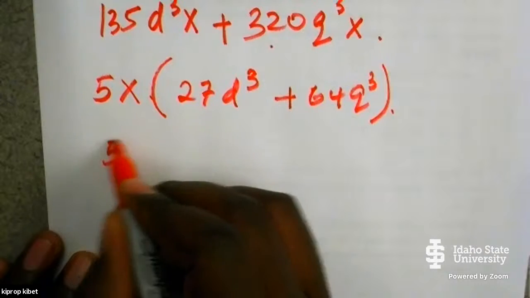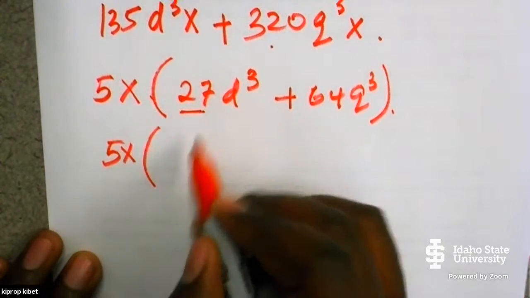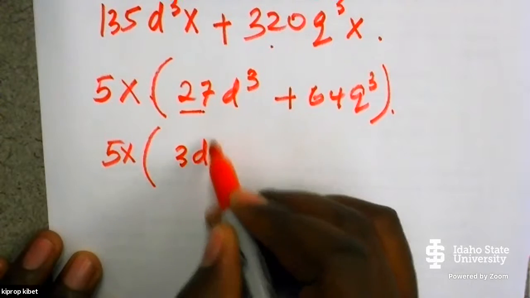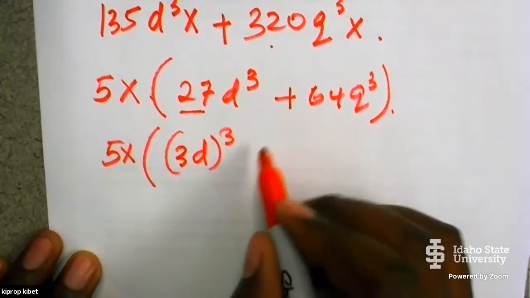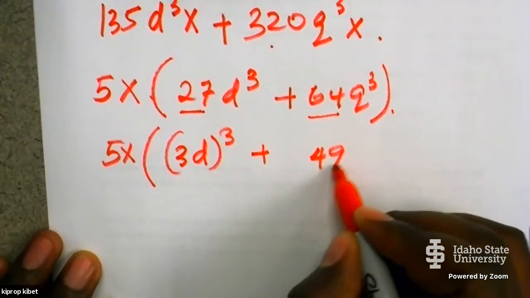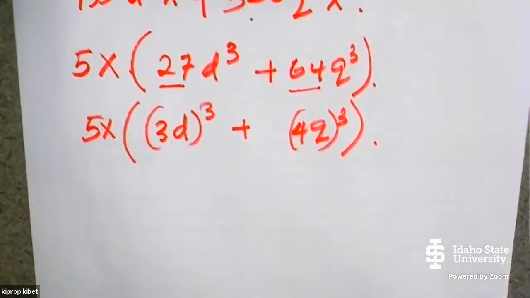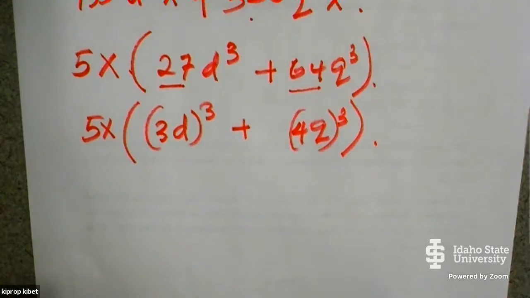So we get 5x times 27 D cubed plus 64 Q cubed. So that is 3 D cubed plus 4 Q cubed. Right? Yeah. So it is like this.